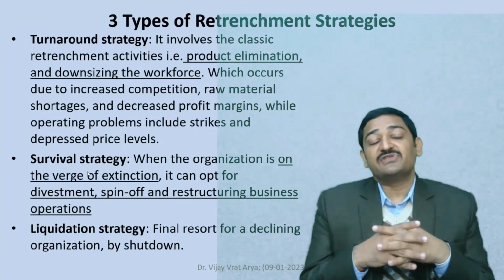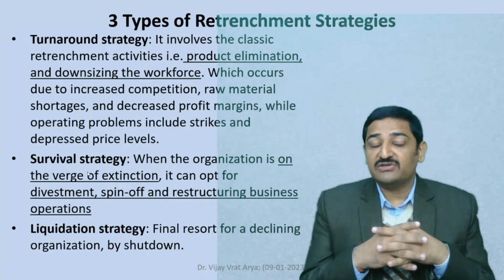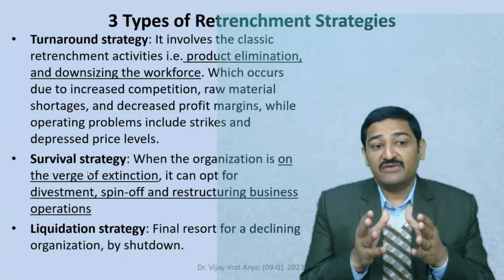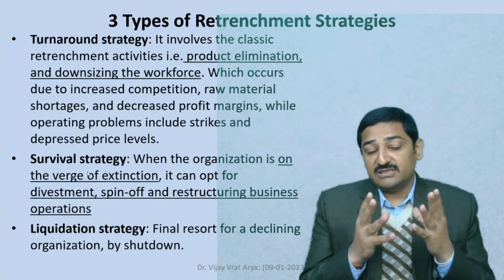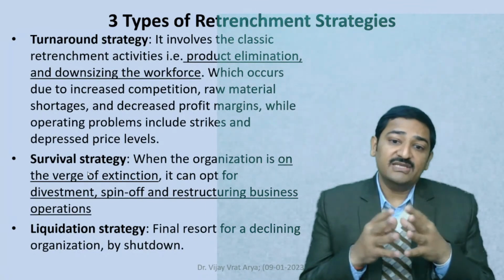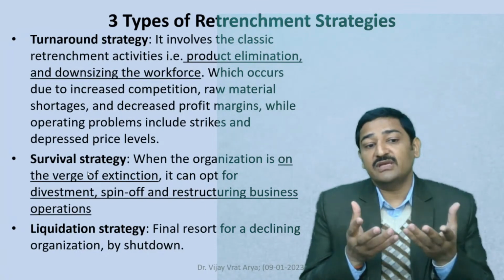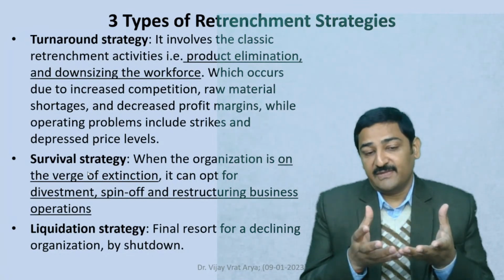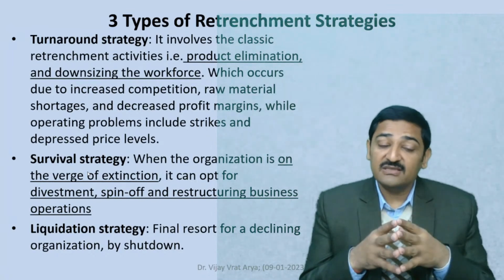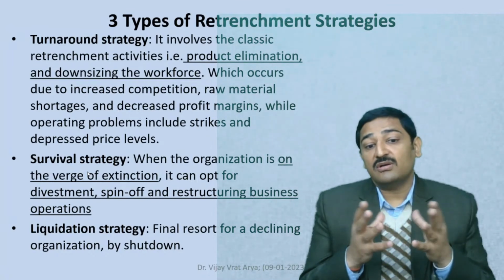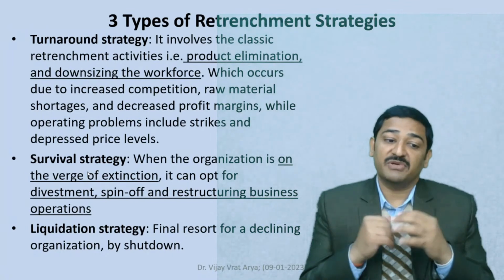The second type of strategy in the case of retrenchment strategy could be the survival strategy. It is referred to when the organization is on the verge of extinction. It can opt for divestment, maybe spin-off, or maybe restructuring business operations.